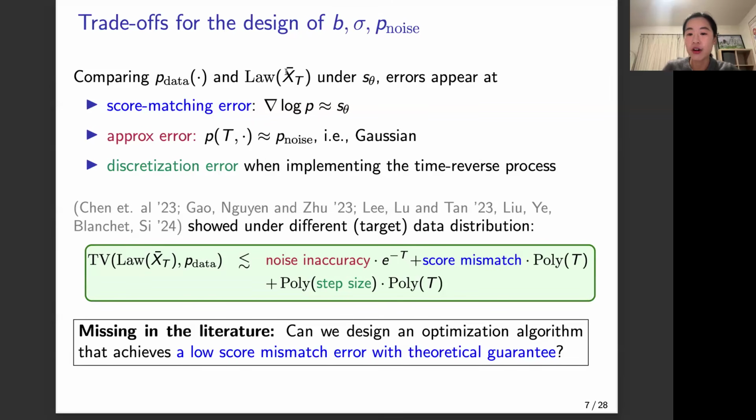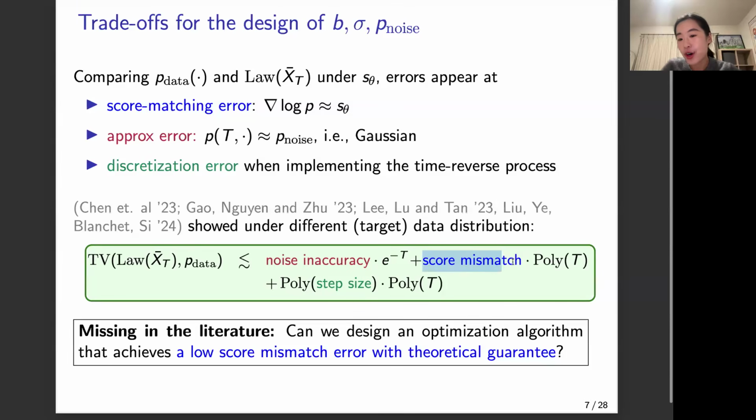But if we summarize all these nice results, usually we can upper bound the total variation of the output law versus the data distribution by 3 terms. We can see that the noise inaccuracy has an exponential decay in the sampling horizon T. But the score mismatch error has a polynomial dependence on T and also on the time discretization.